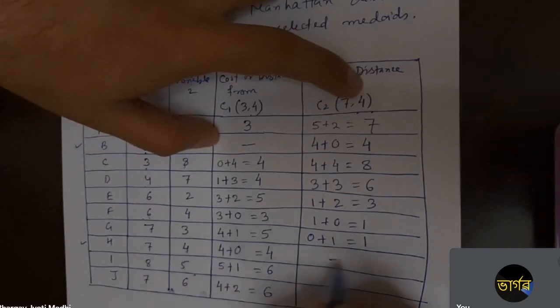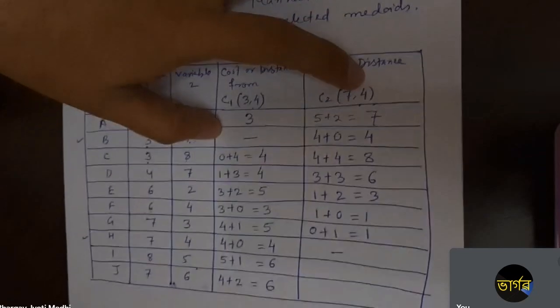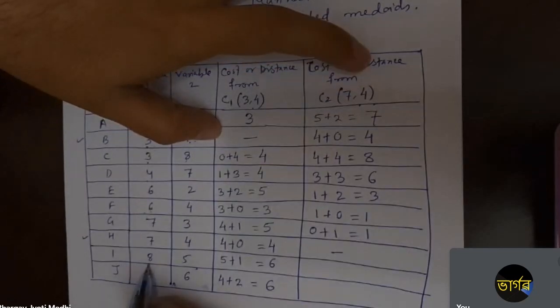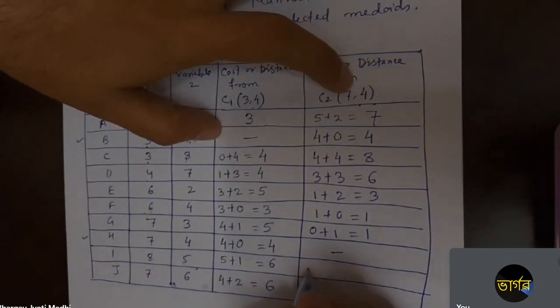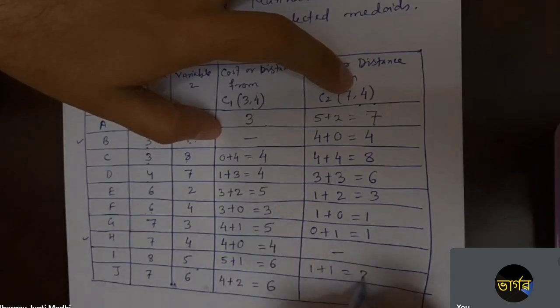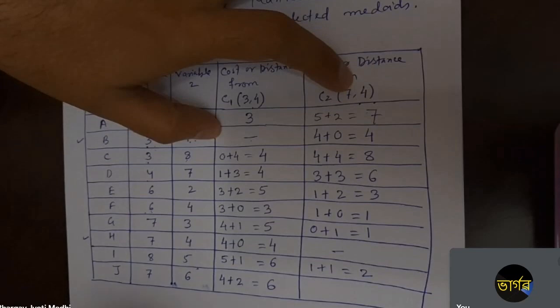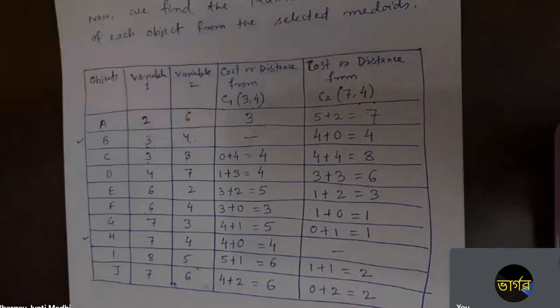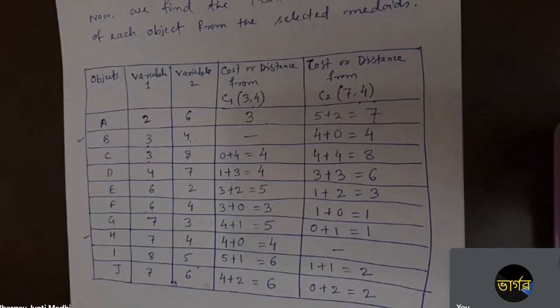Next 8, 5, 7, 4. 8 minus 7, 1 plus 5 minus 4 also 1. It is 2. Then 7 minus 7, 0 plus 6 minus 4, 2. So these are the distances. Please check ঠিক আছে না, তোমালোকৰ মতে কিবা doubt থাকিলে you can ask.